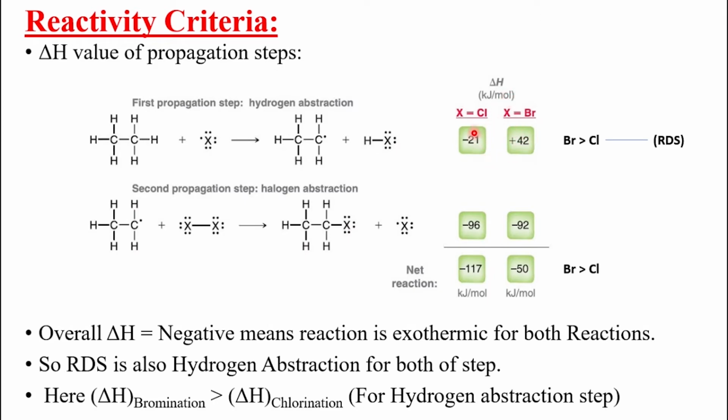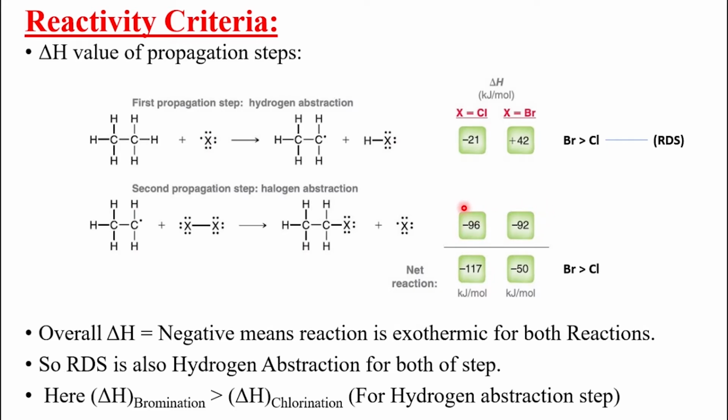So these are the experimental data. This is the delta H value for chlorine, this is the delta H value for bromine. So for hydrogen abstraction, you can see here delta H value for chlorine is negative, which means exothermic process, and delta H here positive means endothermic reaction.